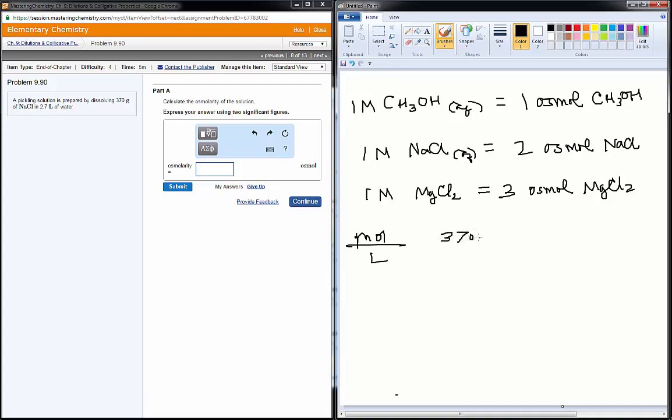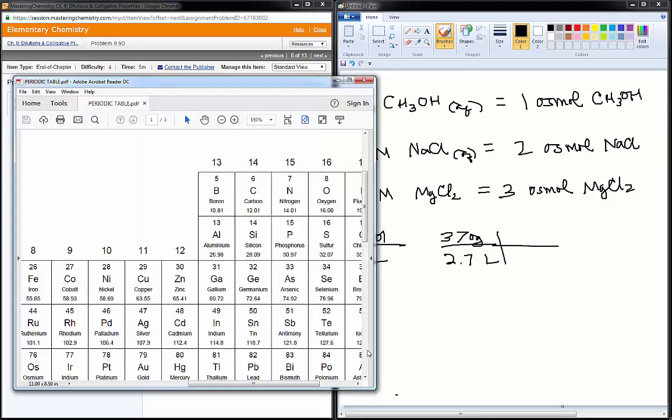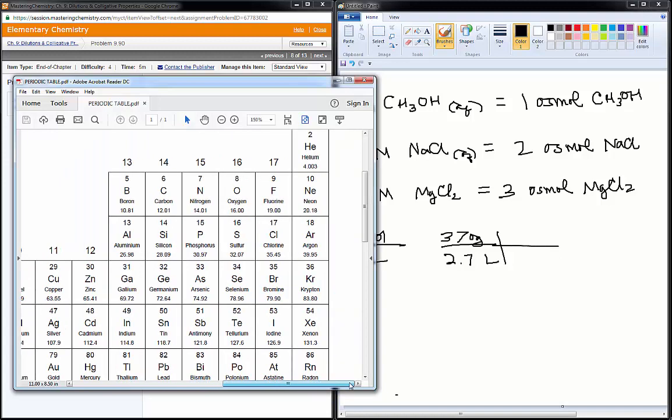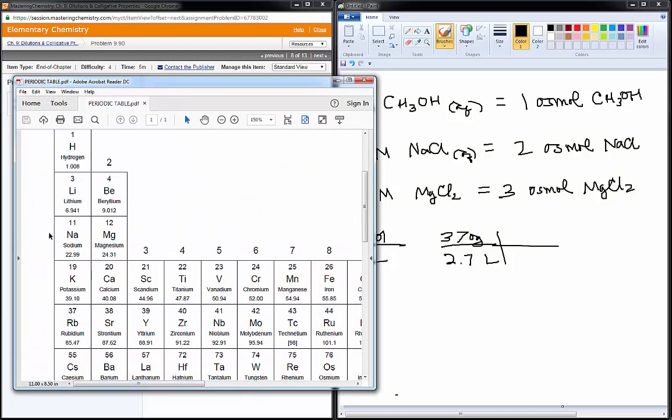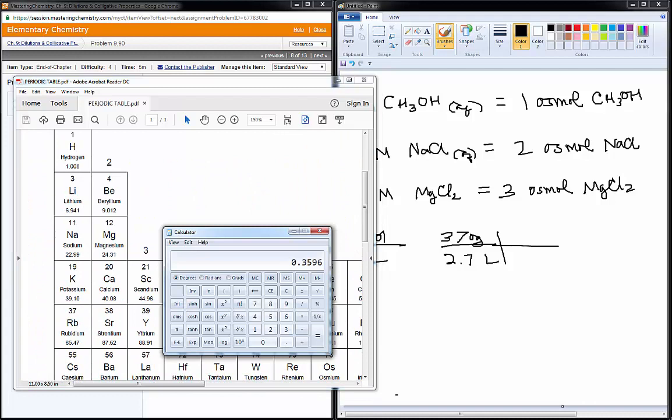So 370 grams in 2.7 liters. And according to my periodic table, chlorine is 35.45, sodium is 22.99. 22.99 plus 35.45 gives me 58.44 grams in 1 mole.